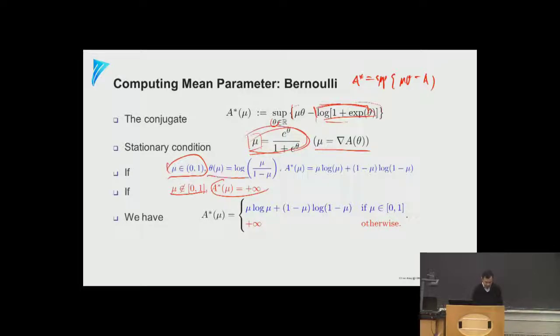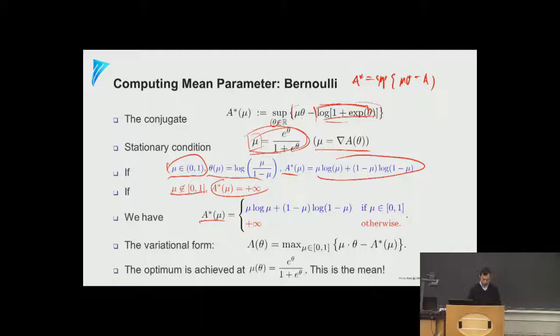You can now infer theta as a function of mu, and then you can go on and compute the conjugate, because it is defined by mu and theta and all these other things, and get a closed form. So everything is so nice, right?